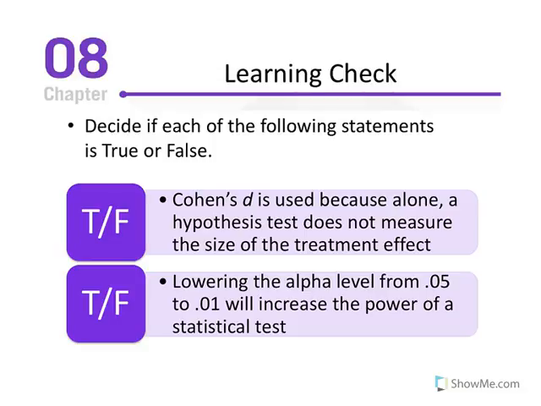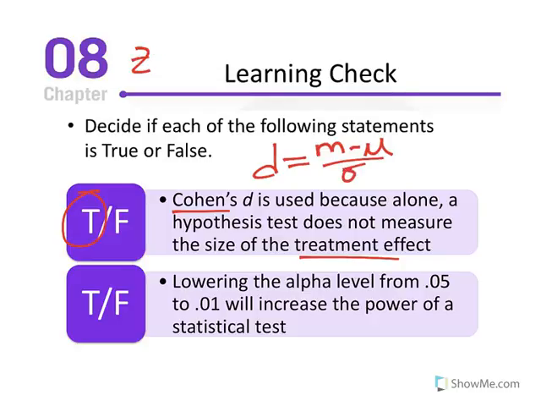Next, decide if the following statements are true or false. First, Cohen's d is used because alone a hypothesis test does not measure the size of the treatment effect. And this is true. We learned that Cohen's d is a measure of effect, and we utilize it because, by looking at the equation, it removes the influences of sample size.